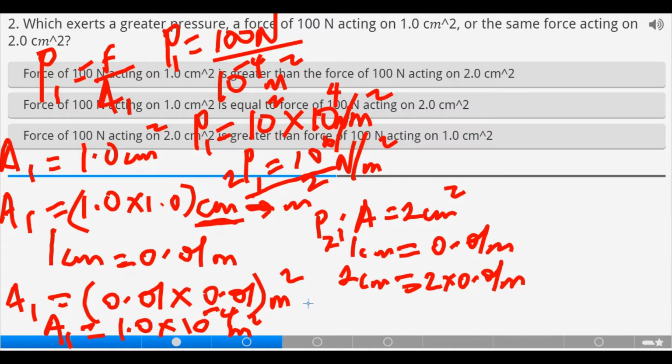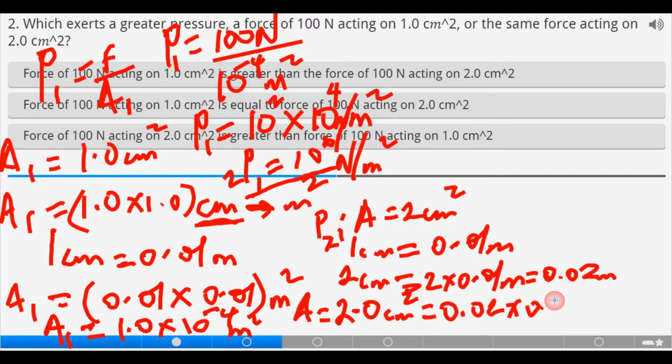So that makes area now 2.0 centimeter squared. So now this one becomes 0.02 meters. So that will be 0.02 times 0.02 meter squared.